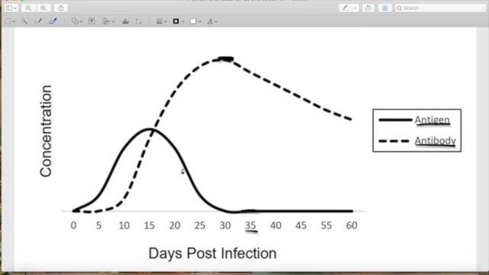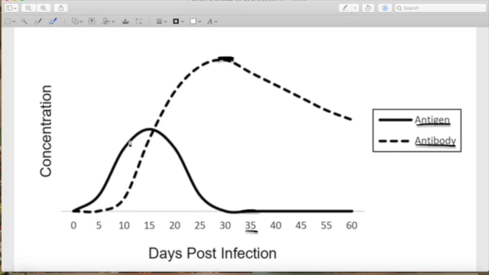And since antigen detection ELISAs are also able to detect viral proteins, the detection of viral DNA through a viral PCR test would be the most beneficial when the antigen is at its highest concentration.